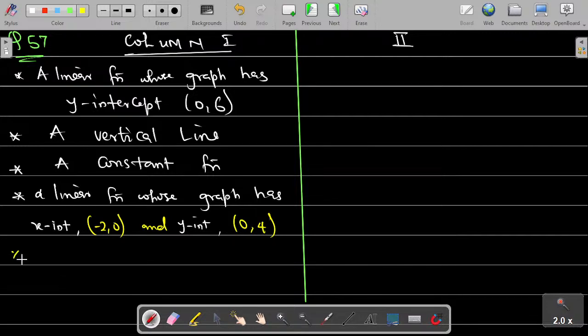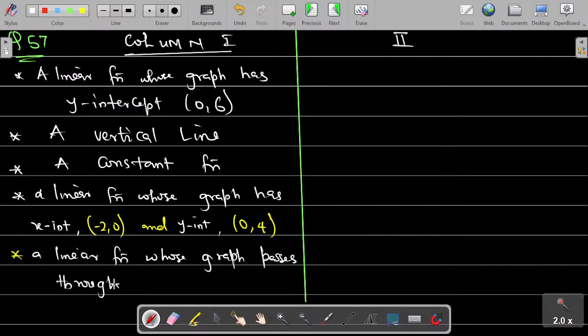And then the next one is that you are given, where is it? Okay, a linear function whose graph passes through the origin.